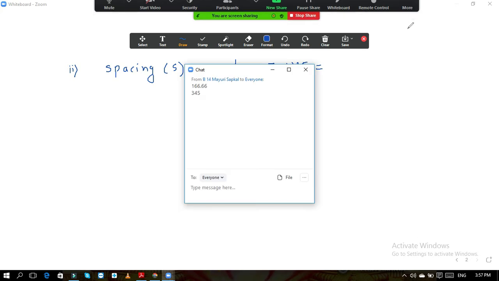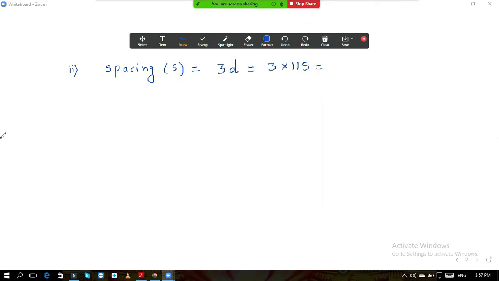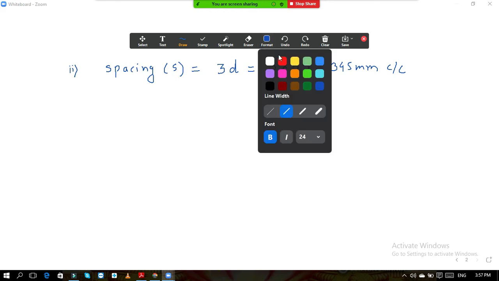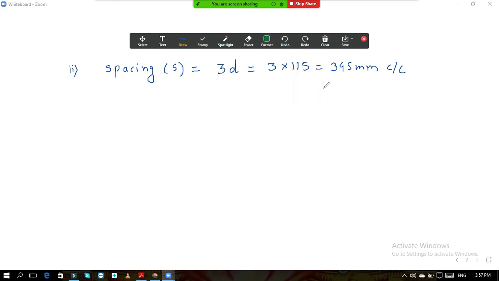Okay, so now this value is 345. This is exactly the value you are getting, no need to round it up. From where have we got this? We have taken this from IS 456:2000, clause number 26.3.3, page number 46.